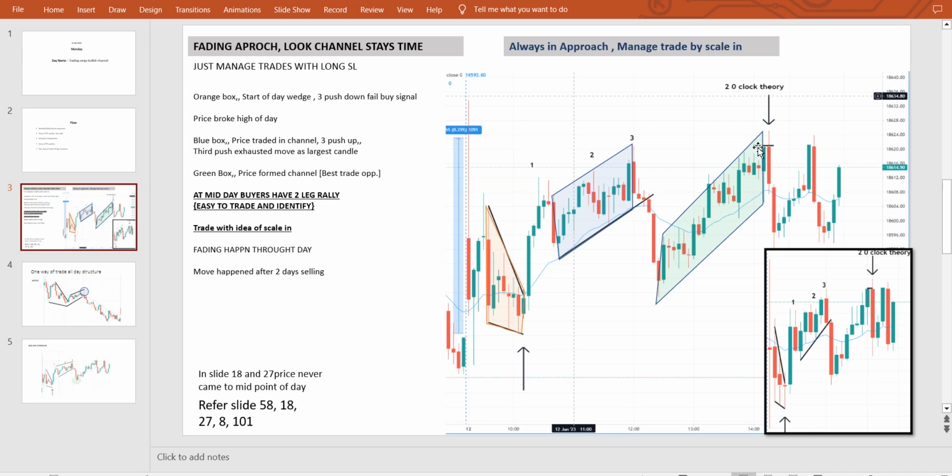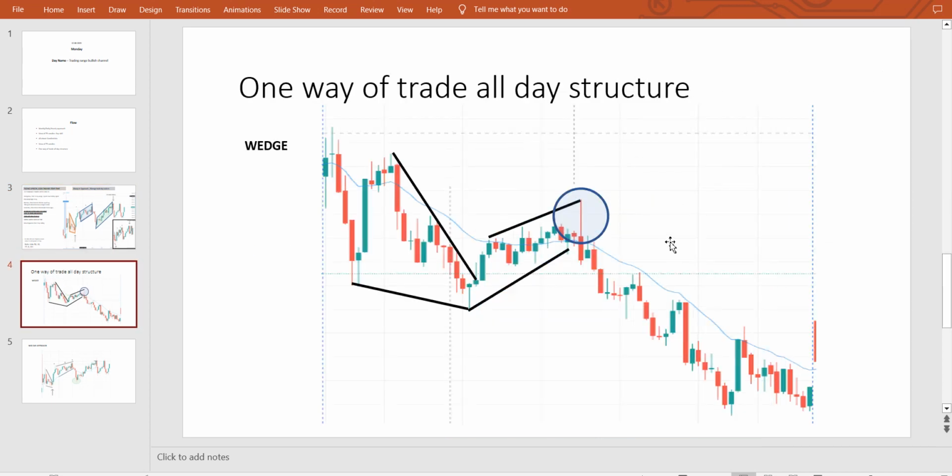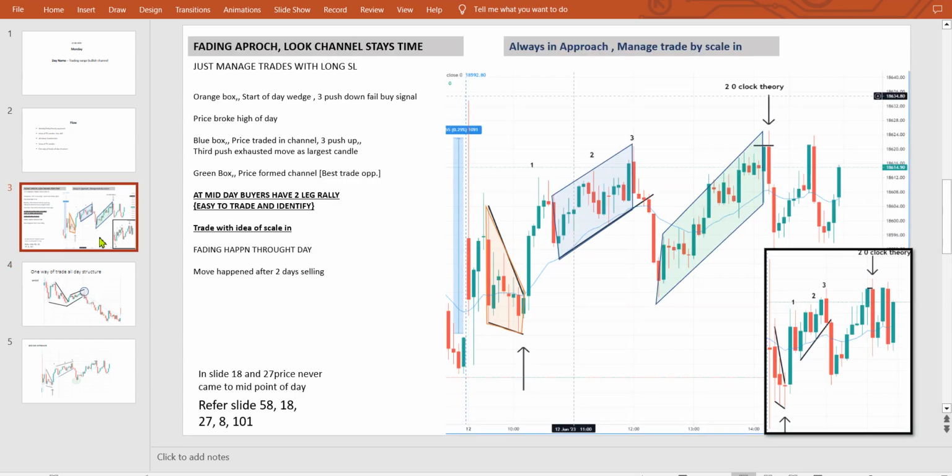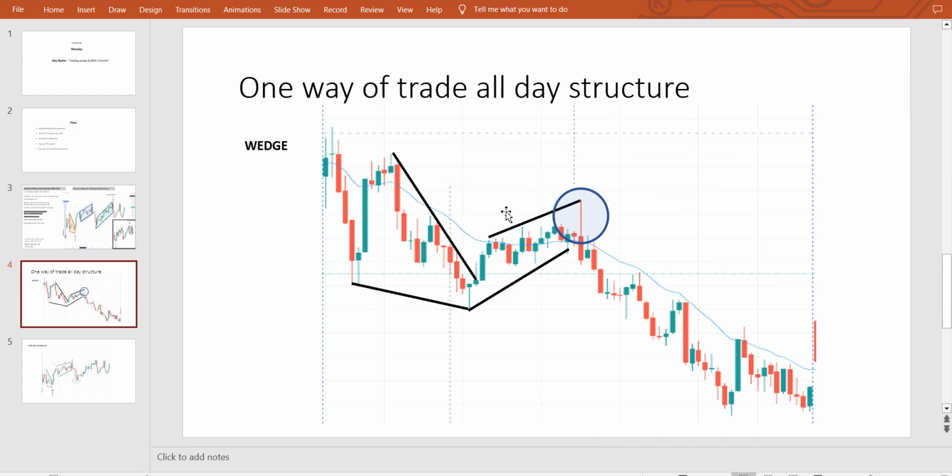So consider the first leg, then the second leg. After the midpoint, the idea is valid that you can trade it for a channel and second move. Yesterday also was the same, we can trade it for that. Now further, we consider it as a pullback.